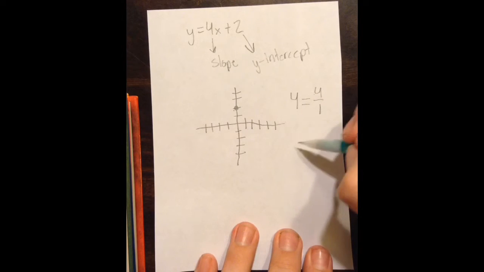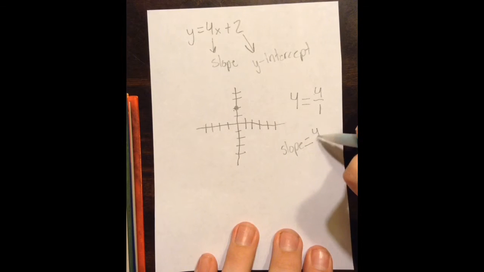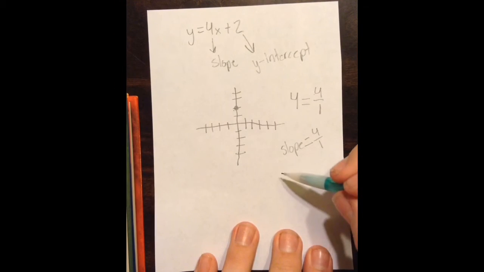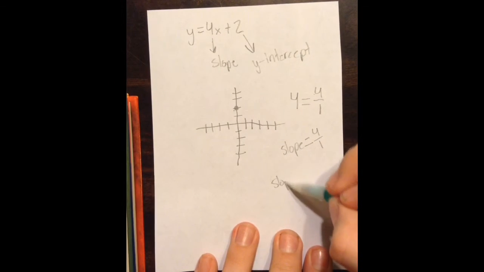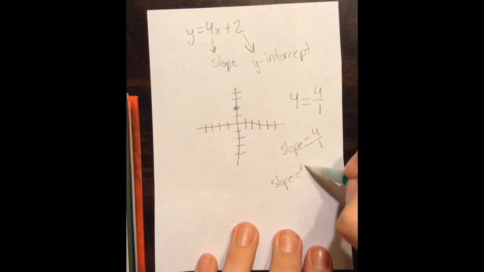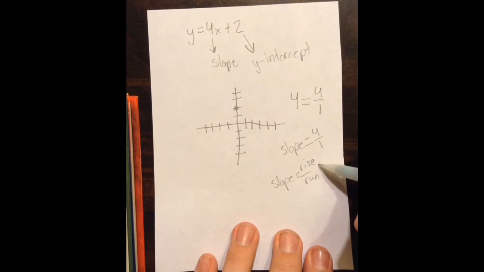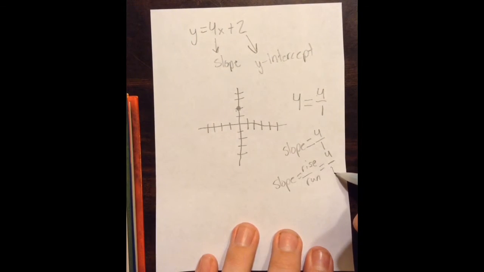So the slope is equal to 4 over 1, and we know that slope is rise over run, so if we plug that in, that's a rise of 4 and a run of 1.